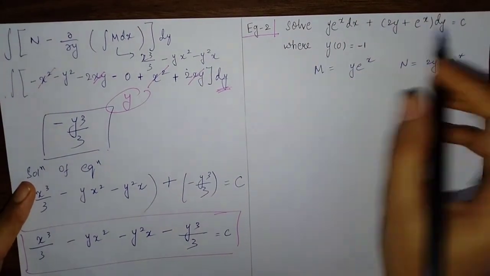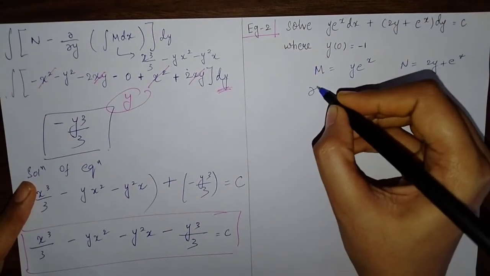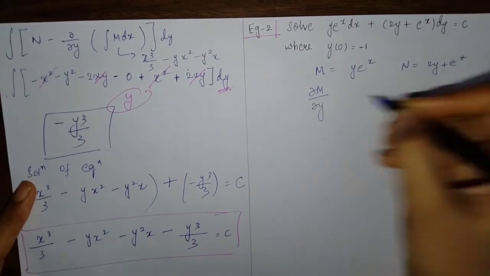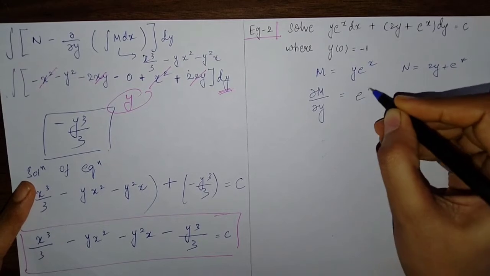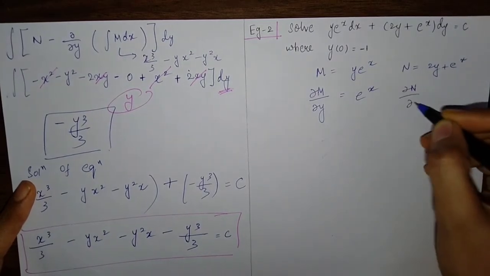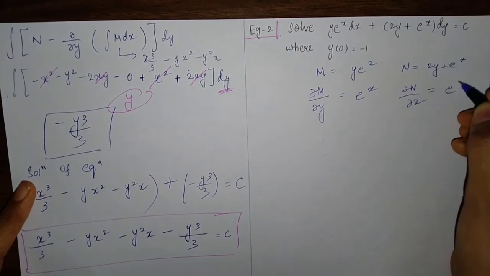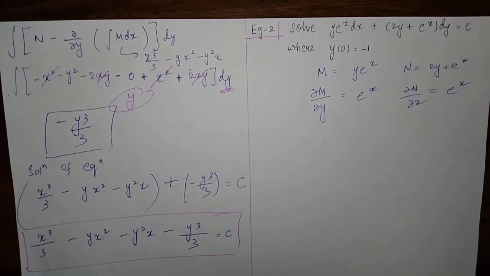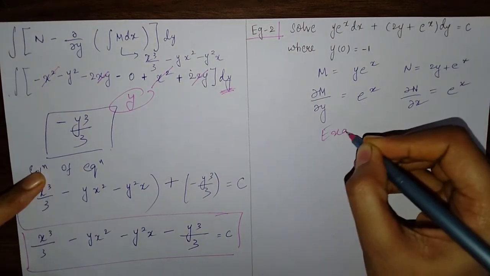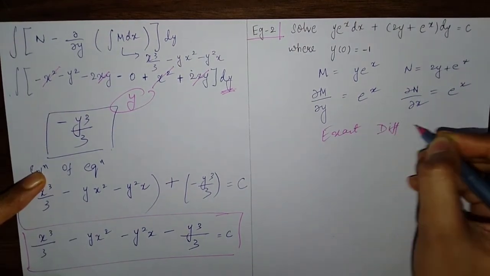So first of all, we will find whether it is an exact differential equation or not. So for that we will find del m by del y. Del m by del y will be e raised to x, and del n by del x again here will be e raised to x. And as both these terms are equal, del m by del y is equal to del n by del x, it is an exact differential equation.